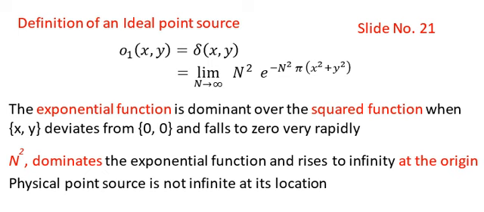When x and y are both 0, e to the power 0 becomes 1, and n square dominates, going to infinity immediately. So this function gives us the same definition as we expect from the Dirac delta function.